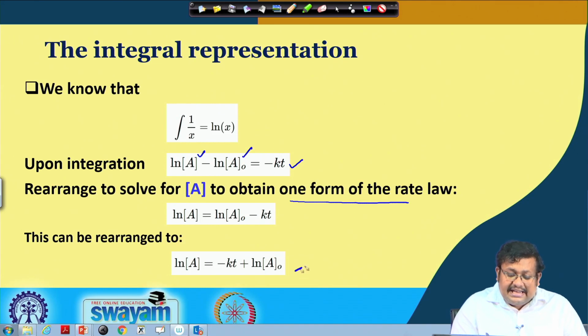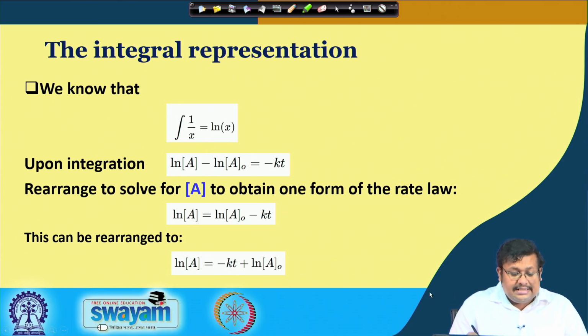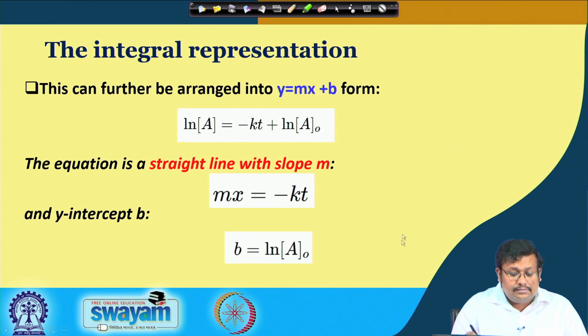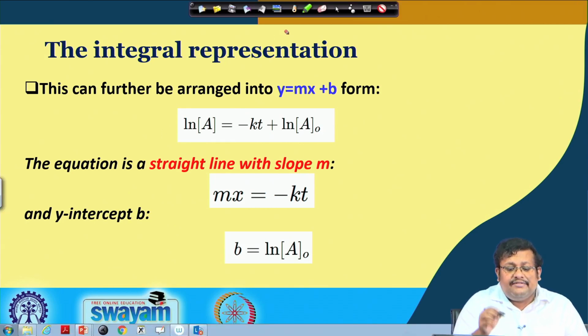So, this is basically a rearrangement of this form, which is further a rearrangement of this form. If we consider this equation, it can be arranged in the form of y equal to mx plus b.